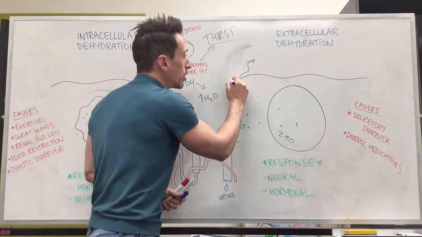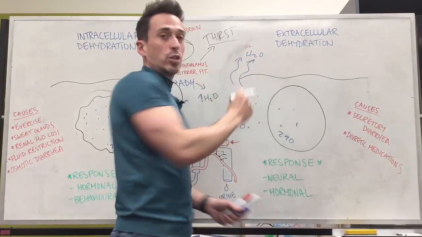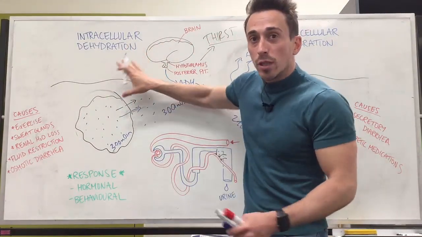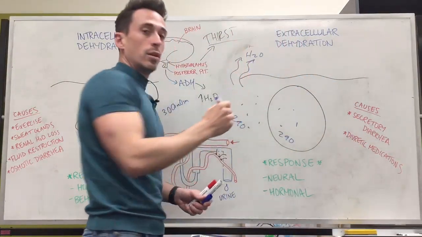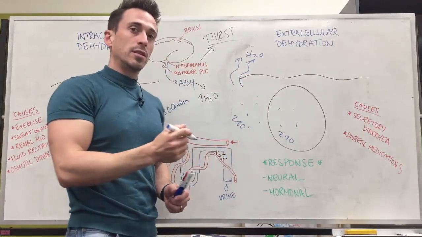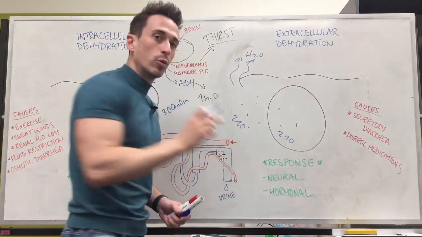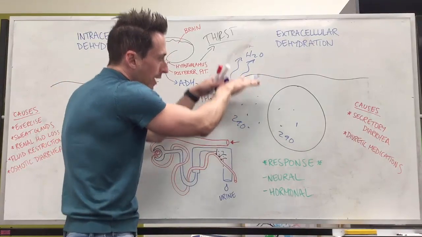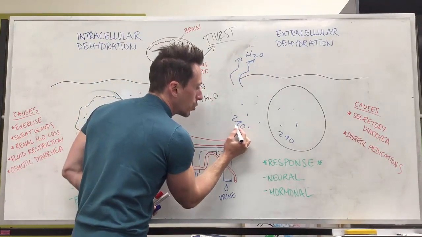So you're not just losing water like we were with intracellular dehydration, mostly water, you're losing water and the dissolved substances at the same concentration that they are here, which means the whole fluid level drops, but it still remains 290 milliosmoles.